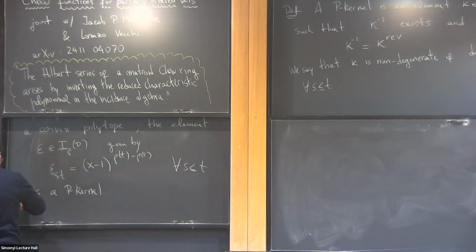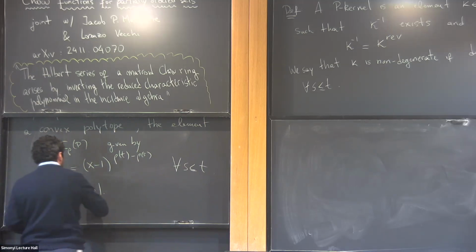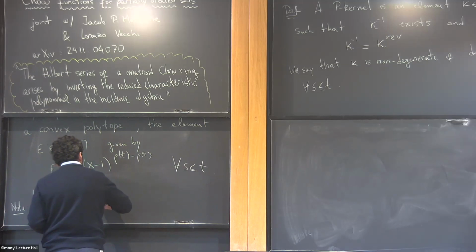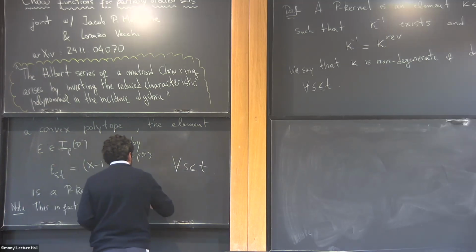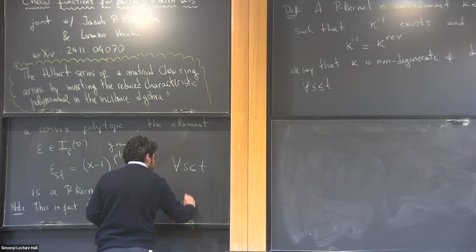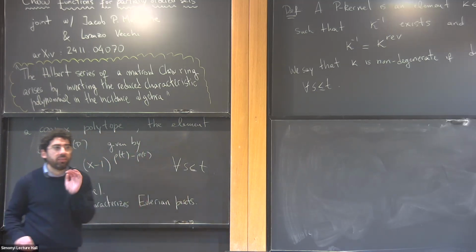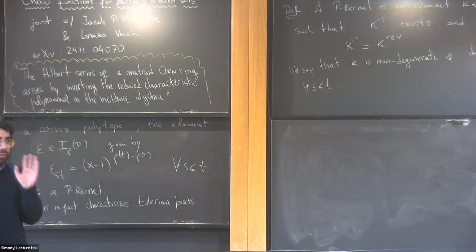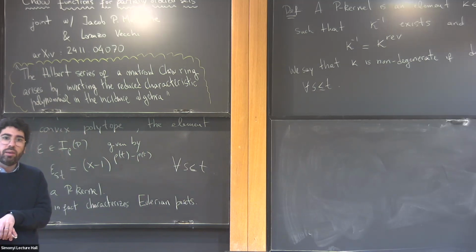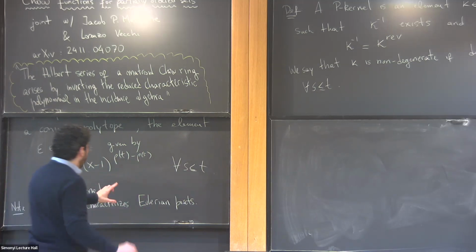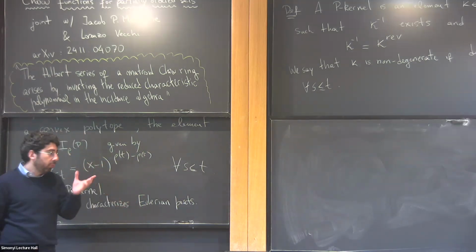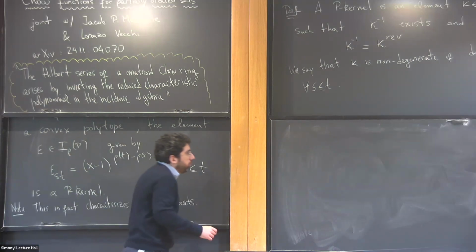So let me write that. The note: this, in fact, characterizes Eulerian posets. Does everyone know what an Eulerian poset is? No? Okay, let me say that. So let me write the definition.